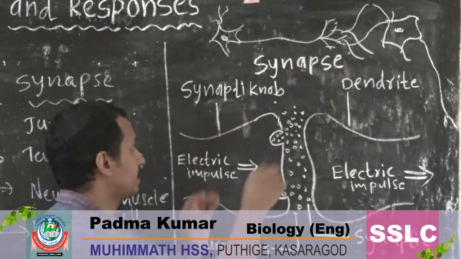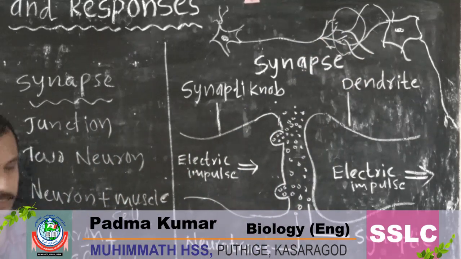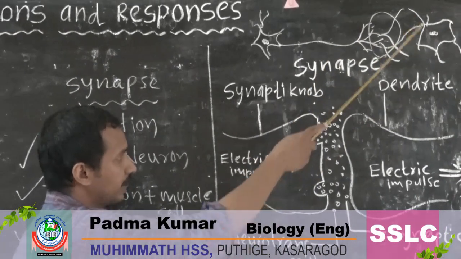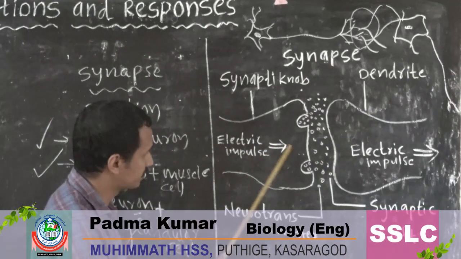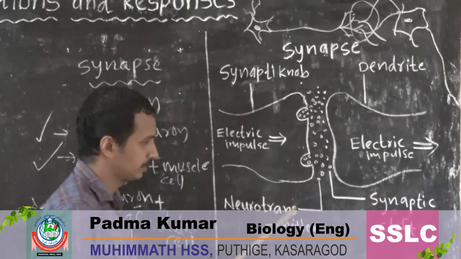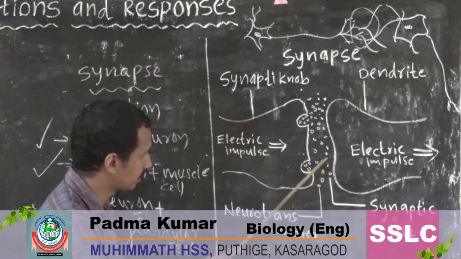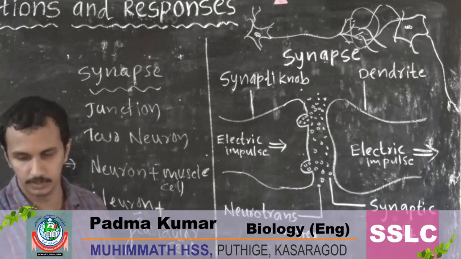So this junction is called what? Synapse. That is mentioned here. You can see there is a synaptic knob, then there is a dendrite, that is the starting point of another neuron. Electric impulses are moving here and there. Then there are some bubble-like structures, that is nothing but neurotransmitter.